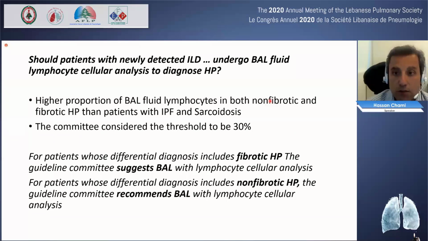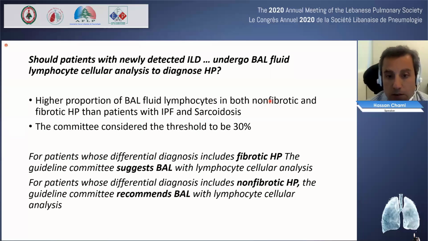Now, with regards to undergoing BAL fluid, looking for a lymphocytic cellular BAL, the review of the literature showed that actually there's a higher proportion of BAL fluid lymphocytes in both non-fibrotic and fibrotic HP in comparison to patients with IPF and sarcoidosis. And the difference is about 20 to 30%.